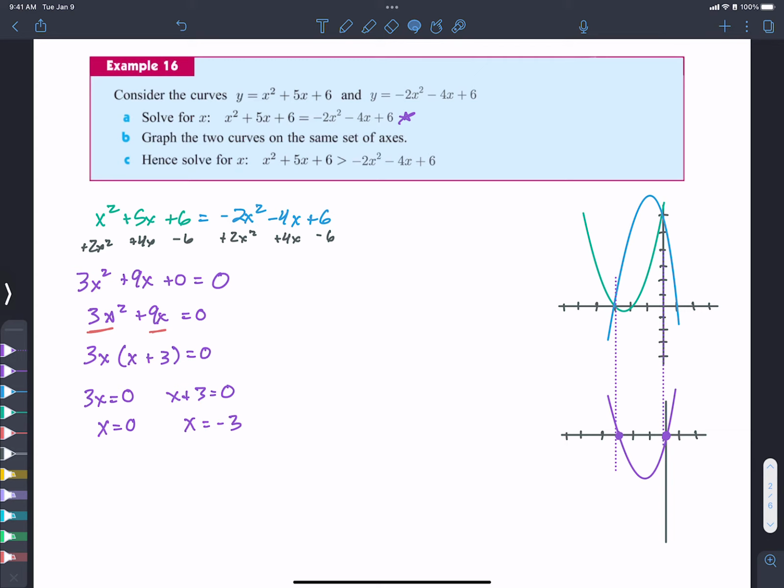So if I were to extend this one up, it's kind of hard to see there, but here, because it's going across the x-axis, these two things are lining up here at x equals 0, and here, x equals -3.